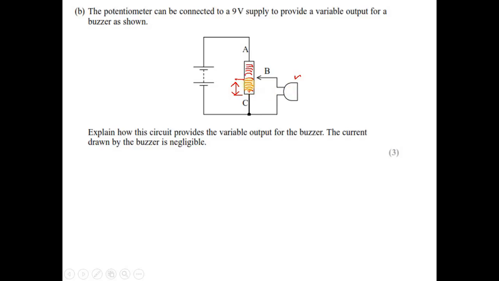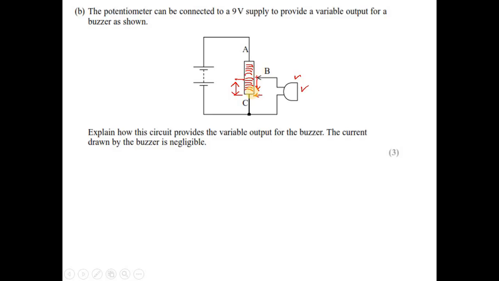So whatever the potential of BC is, the potential of the buzzer will be the same. Now if you move the slider closer to C like that, what is happening? The length of the wire is decreasing, so the resistance is decreasing, and the potential between B and C is also decreasing until it reaches a potential of 0.